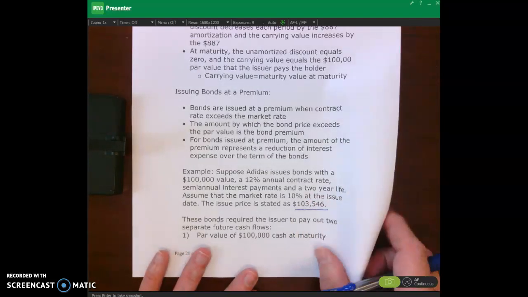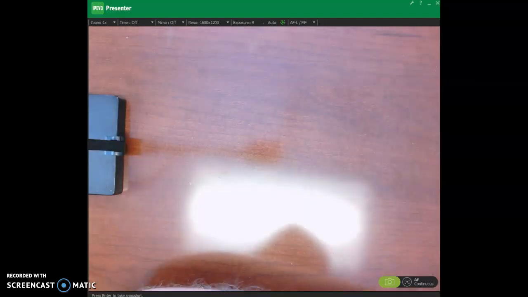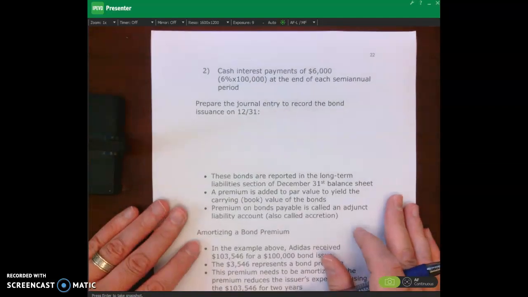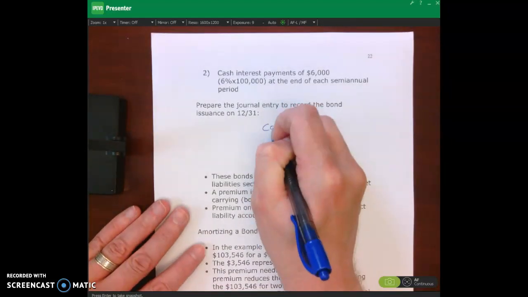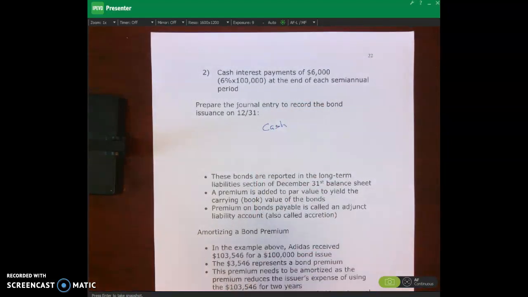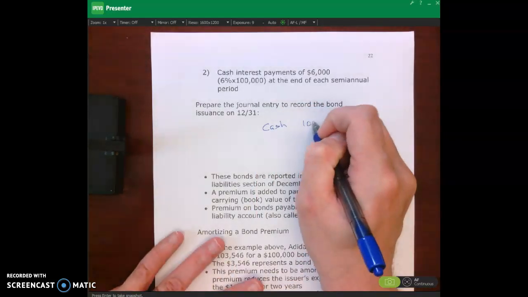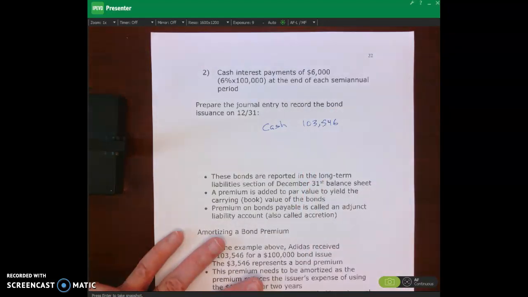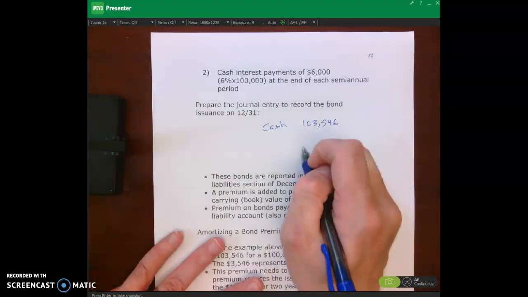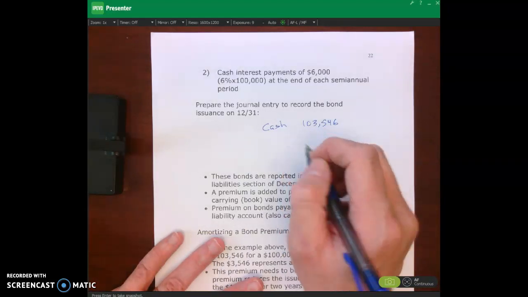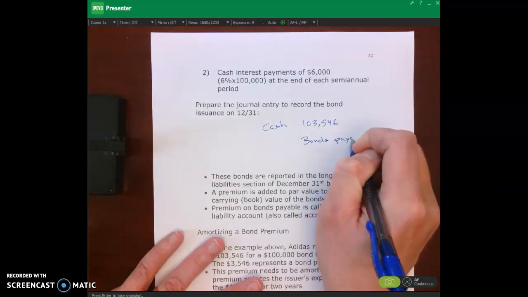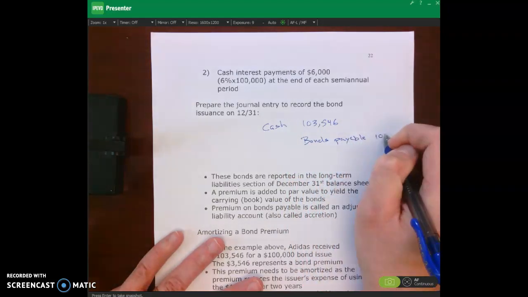Okay? So when we look over here on our next page, to record the journal entry to issue these bonds, we will debit cash for $103,546. We will credit our bonds payable for the par value of $100,000.